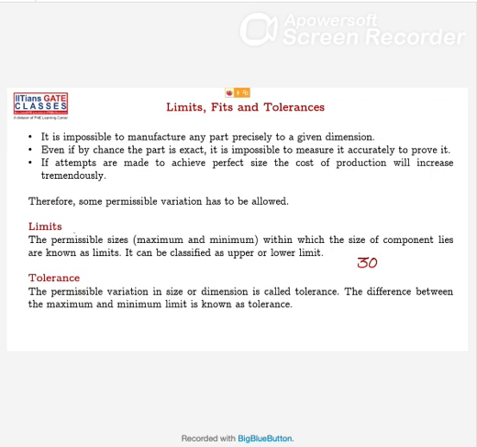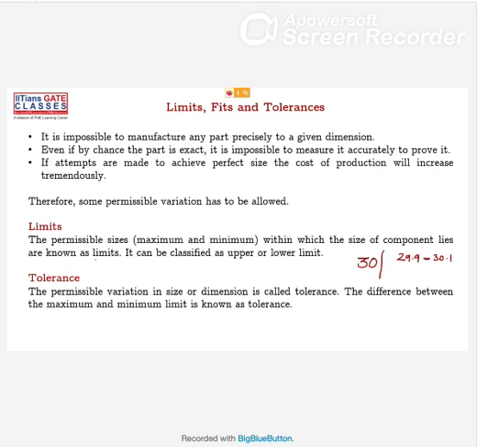So the limit says, okay, I don't want exactly 30. It can lie between 29.9 and it can go up to 30.1. So the drawing says the limit can lie between 29.9 and 30.1. Like your GATE answer, when you write a numerical type answer, it has some kind of range, no? Because everybody's calculation is not the same.